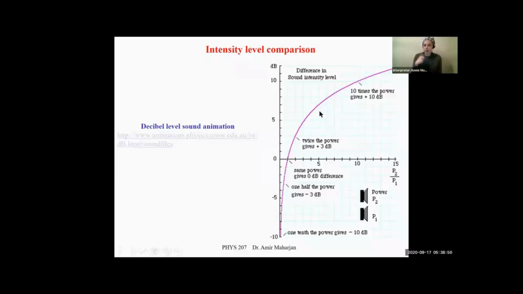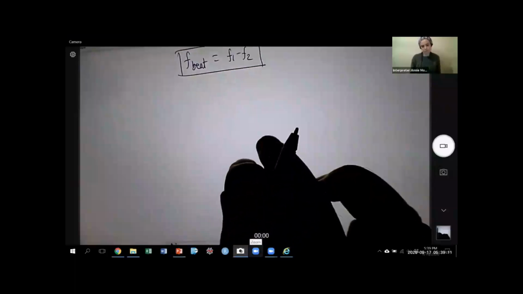explain with the same graph. If you double the power level between two speakers, how much will the decibel level increase? Let's see this particular example.